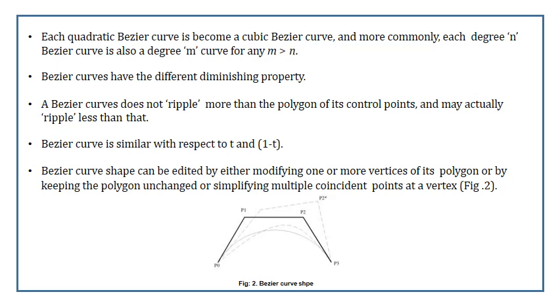And the Bezier curve shape can be edited by modifying one or more vertices of its polygon. P0, P1, P2, P3 are the control points, and they can also be named vertices. So all these vertices can change the geometry of the curve.